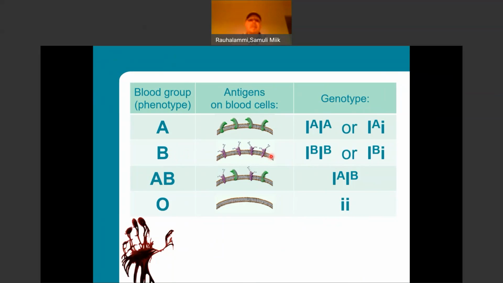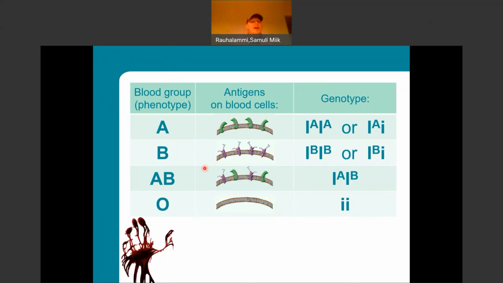The way you can become a blood type B is that both of your parents each pass an allele that makes you have B antigens on your red blood cell surface, or only one of your parents passes that allele for B antigens and the other parent gives you a recessive allele. And again, the recessive allele would get masked and you would end up with the B antigens only on the surface of your red blood cell.